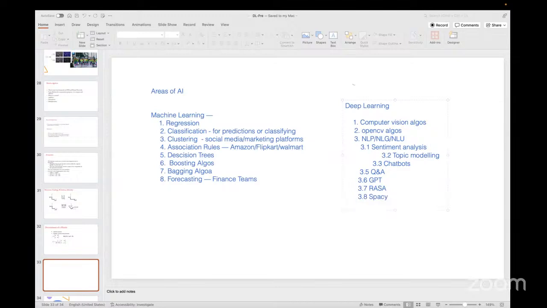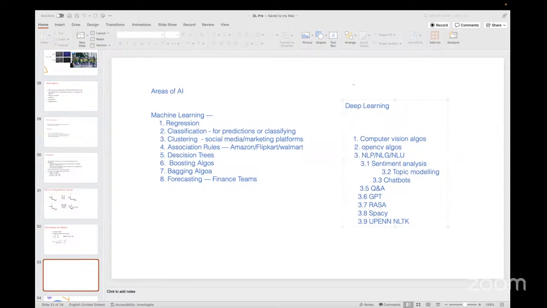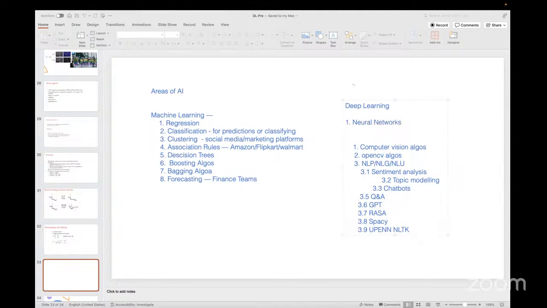Some of the academic tools like University of Pennsylvania's NLTK. Before jumping into these specific areas, we also learn about neural networks, different domain-specific neural networks.